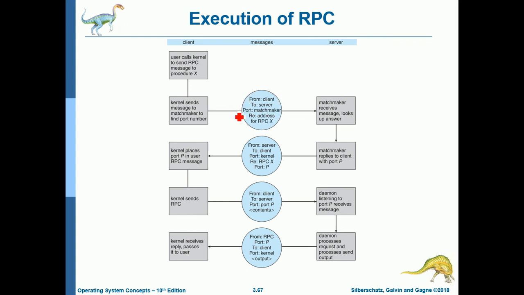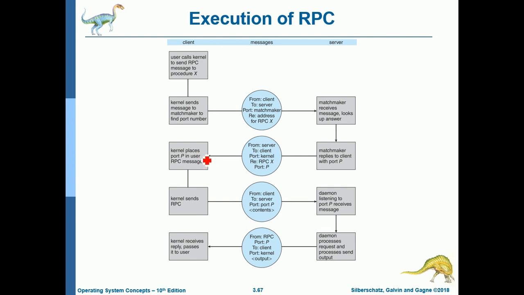This is the message from client to server's matchmaker regarding the address for RPC X. The matchmaker receives the message, looks up the answer, and replies to the client with port P. Then the client receives the message.